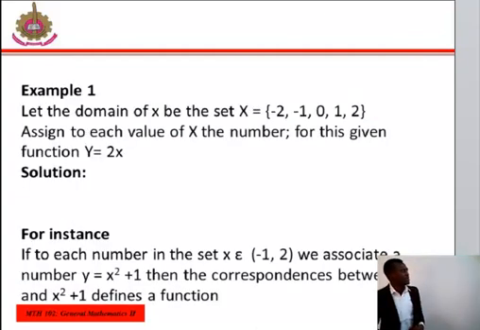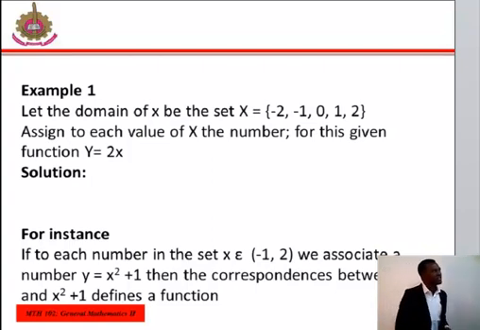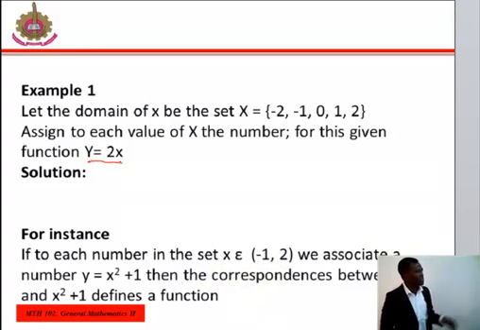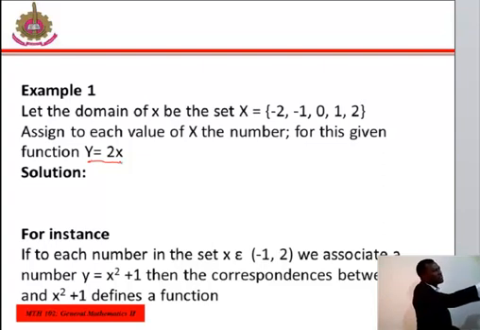For example, let the domain of x be the set having these members: -2, -1, 0, 1, 2, and it is assigned to the function y equals 2x, like we have on the board. Now for this case, what we are going to do is substitute the value of x, that is, when x is equal to a value, we input it into the function, then we yield the value for y.